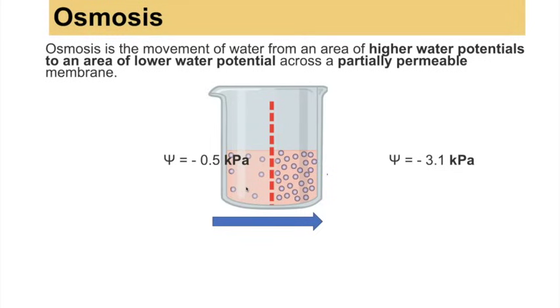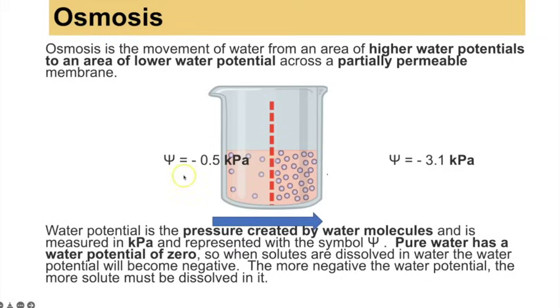Osmosis is the movement of water, and that will be from an area of higher water potential to an area of lower water potential across a partially permeable membrane. The water potential is the pressure created by water molecules, and it's measured in kilopascals and represented by this symbol here.